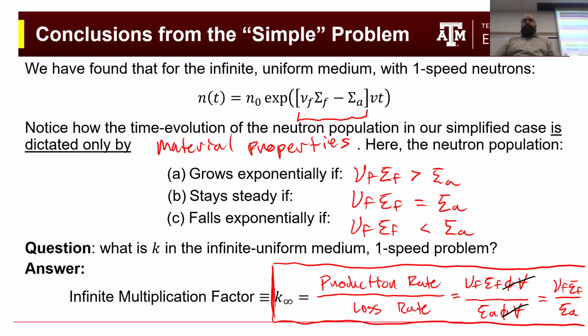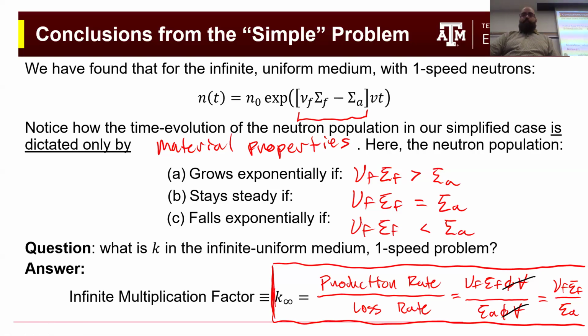And for the infinite medium, that's what our multiplication factor would be. And this leads us to the same conclusion here: if k is 1, then nu f sigma f and sigma a are balanced. If k is greater than 1, we're supercritical, and that means that our nu f sigma f is greater than sigma a. And if we're subcritical, that means that sigma a is going to be greater than nu f sigma f.